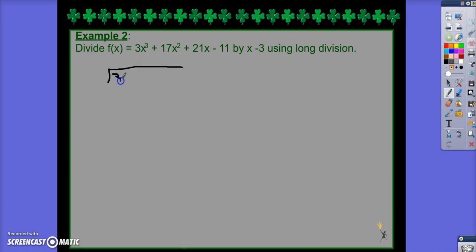So the first piece goes inside the root, or the division bar, I should say. So the first part always goes inside.